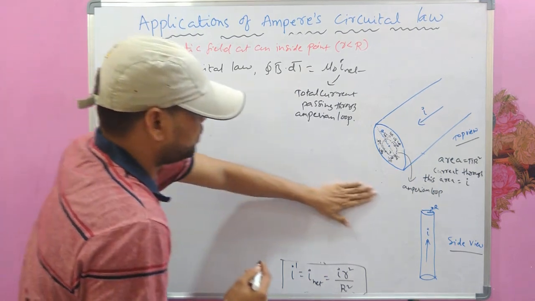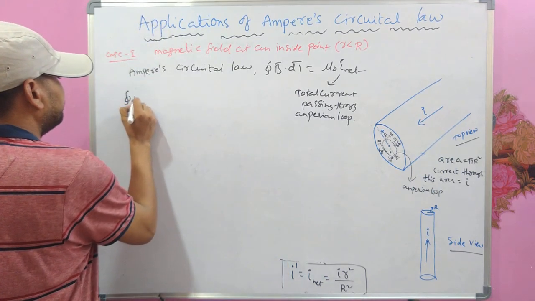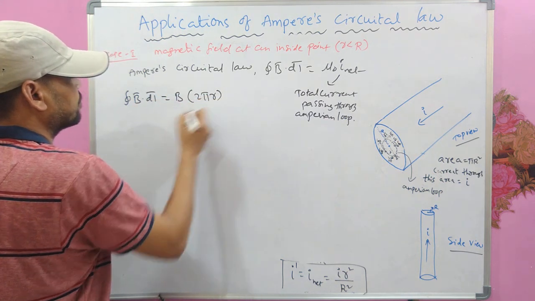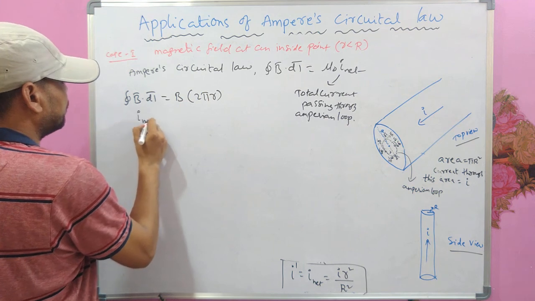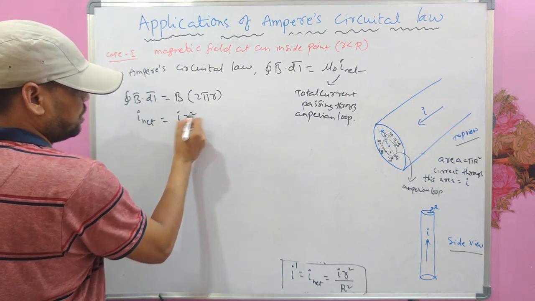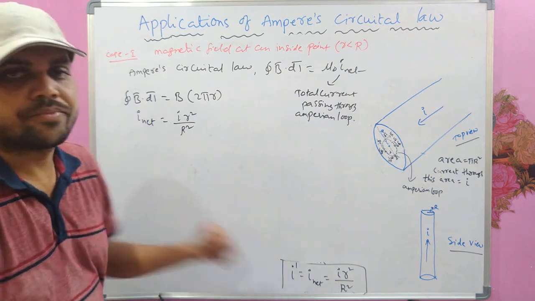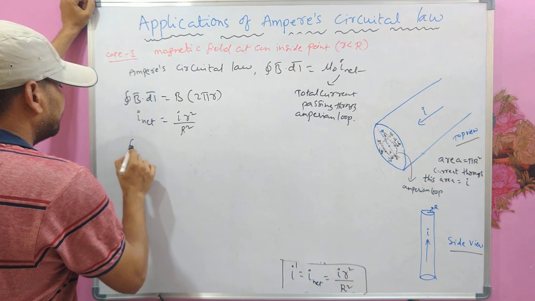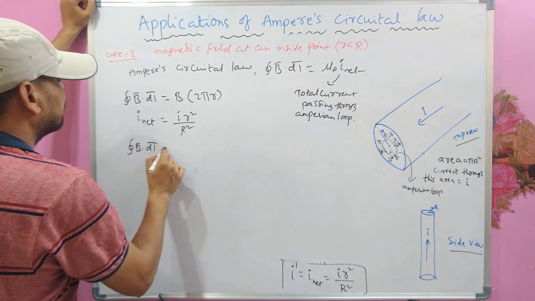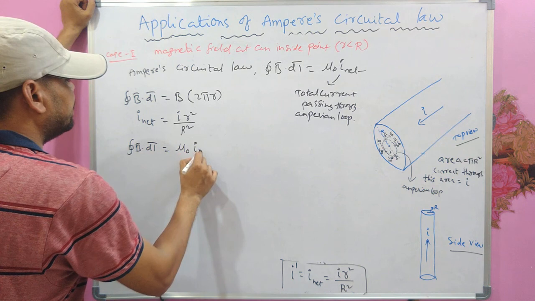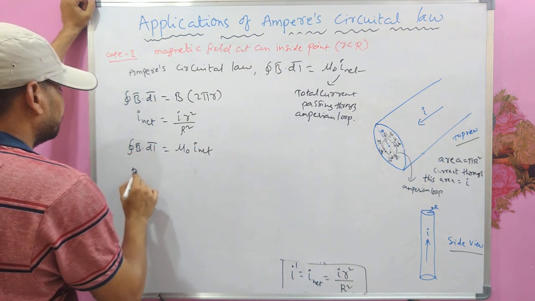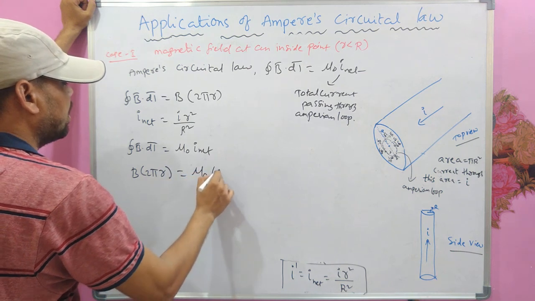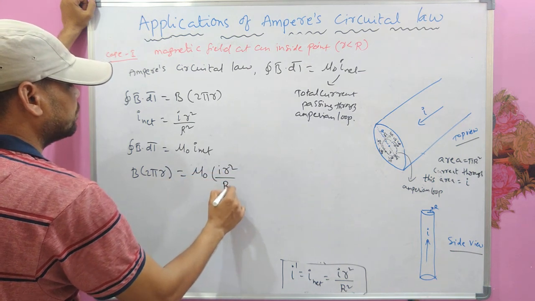From the previous calculation, we have integral B dot dl as B into 2 pi r, and I net equal to I r square by R square. Substituting, integral B dot dl equals mu naught I net, so B into 2 pi r equals mu naught I r square by R square.